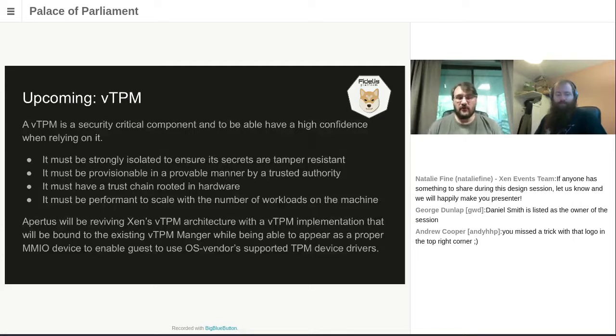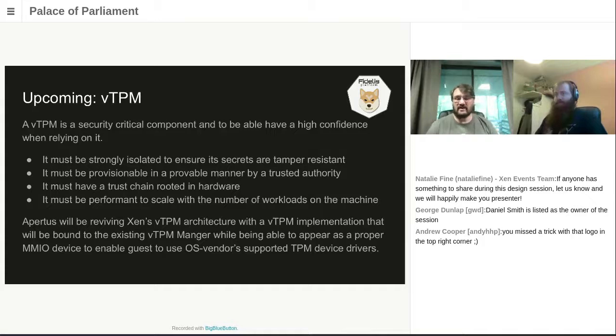Looking forward now. The first thing we're looking forward towards, hopefully by the end of the year, will be the VTPM capability. A VTPM is a security critical component for which we need to have high confidence because we'll be relying on it.